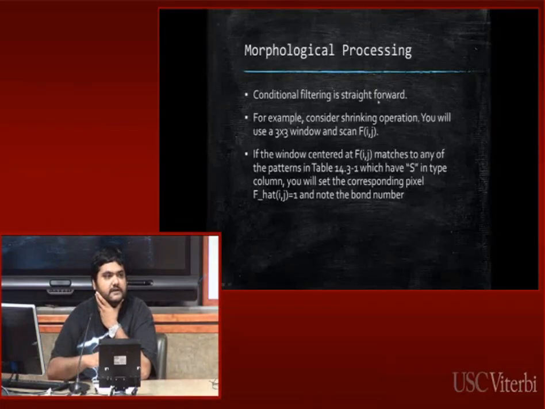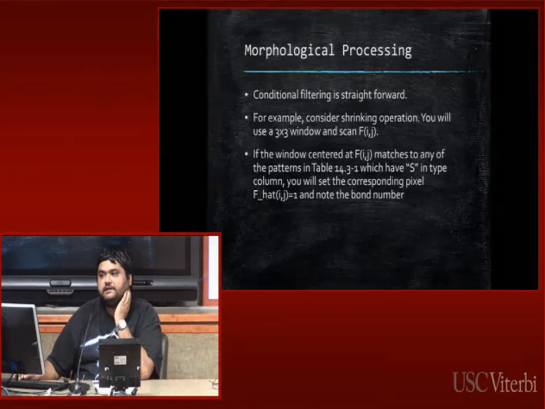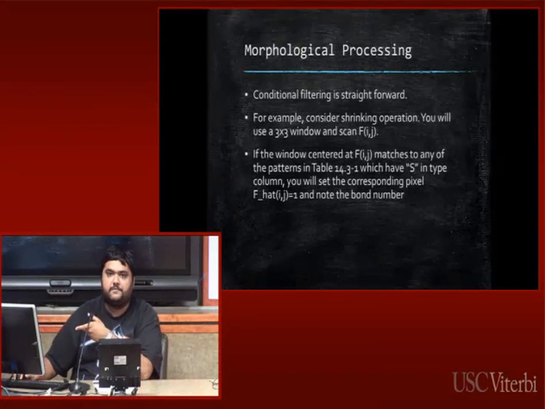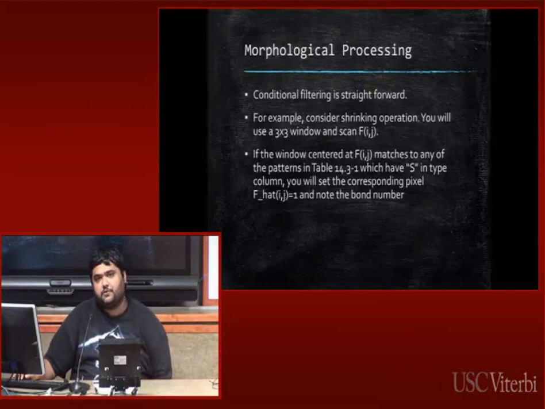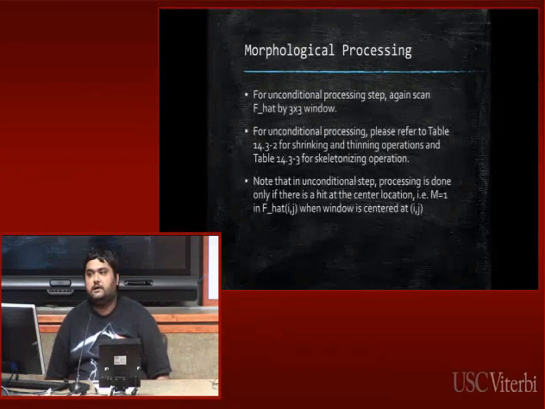So conditional filtering is straightforward. Just take a 3x3 mask, run it over the entire image, and give f hat 1 if there is a match found, 0 otherwise. A very common mistake is people output the bond number. Just don't output the bond number, just write 1 there, okay?